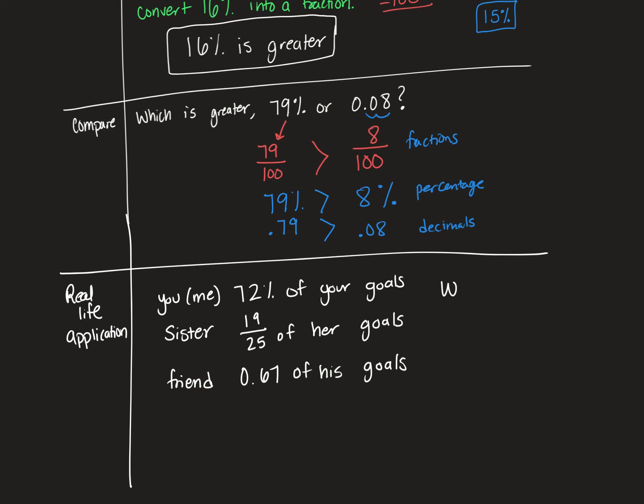This is the big picture. Who made the fewest goals? What a brutal question, huh? Basically, who isn't good at soccer? They probably should have asked who made the most goals. But the question wants to embarrass whoever made the fewest goals. So we're going to see if it's you, your sister, or your friend.